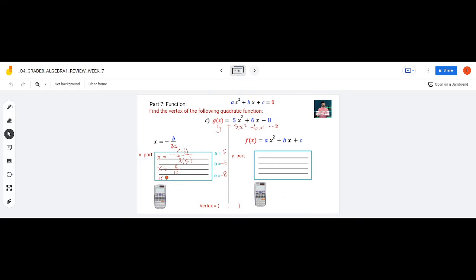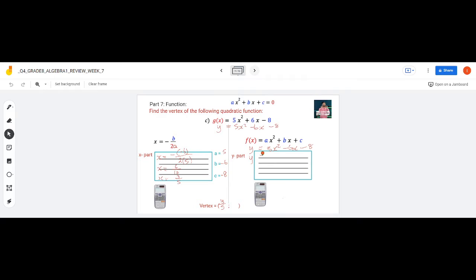What can go into 6? It can also go into 10. 2 can go into 6, 3 times, 2 can go into 10, 5 times. So the x part, our vertex, is 3 over 5. Now what do we do with this 3 over 5? We substitute it back into the equation to get the y. So the y is equal to 5x squared. I'm just rewriting my equation.